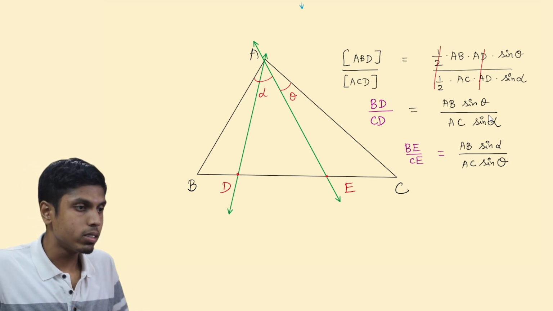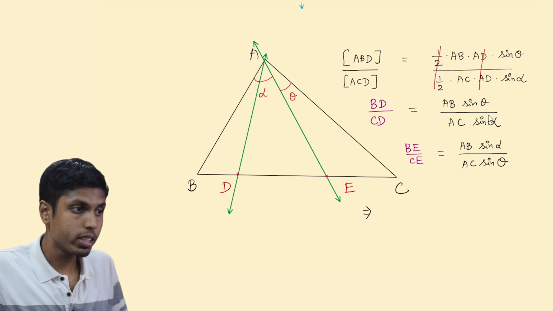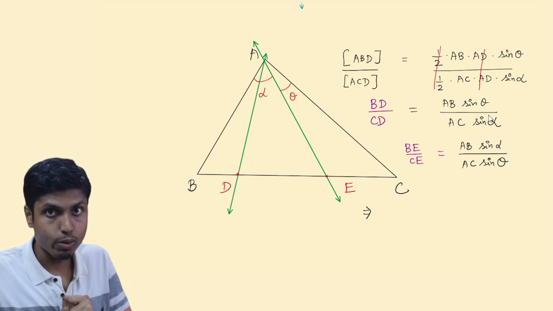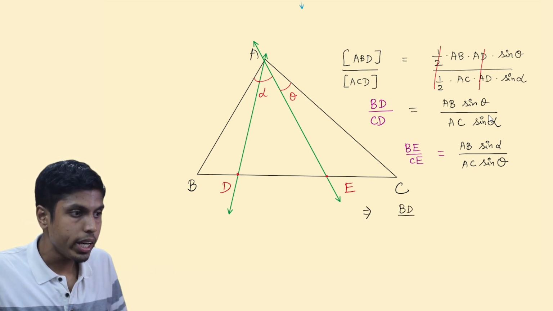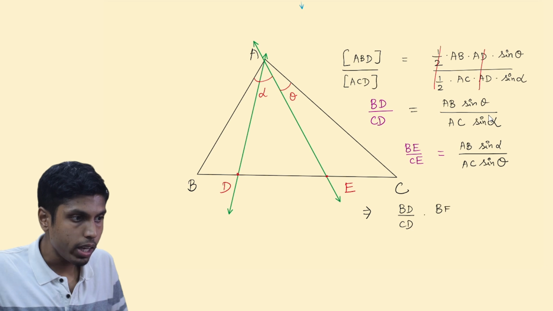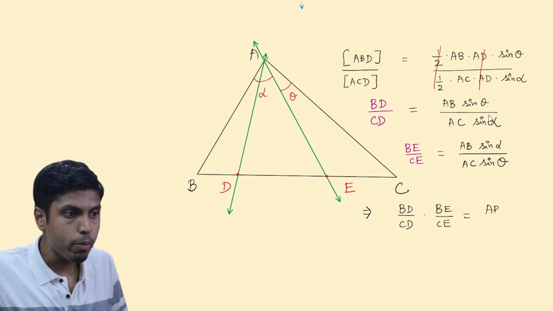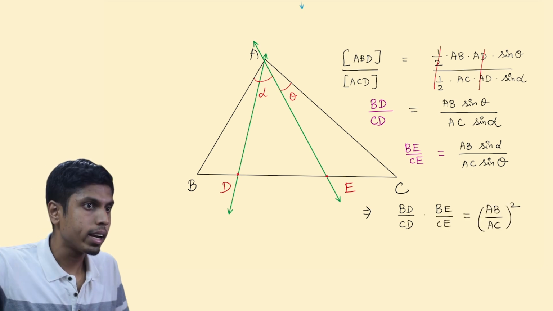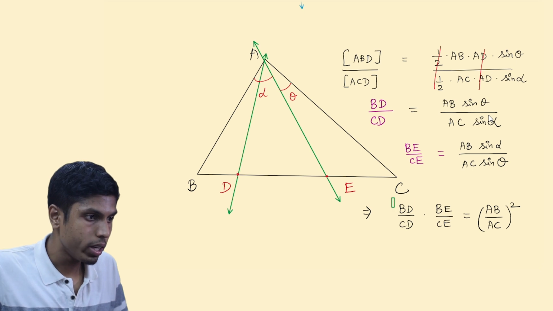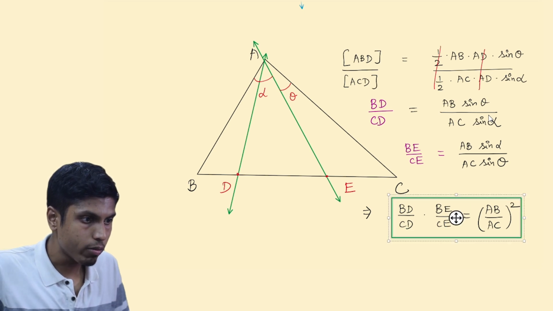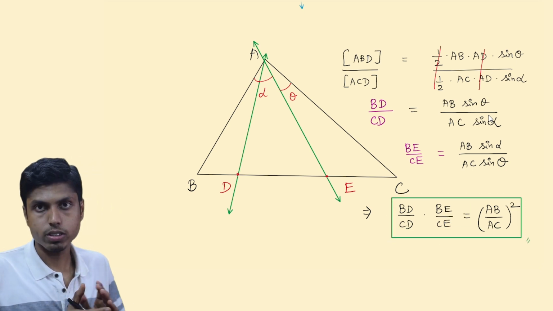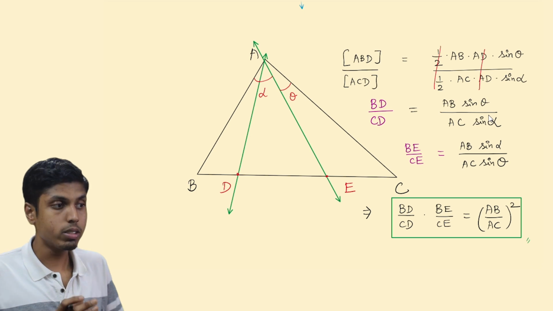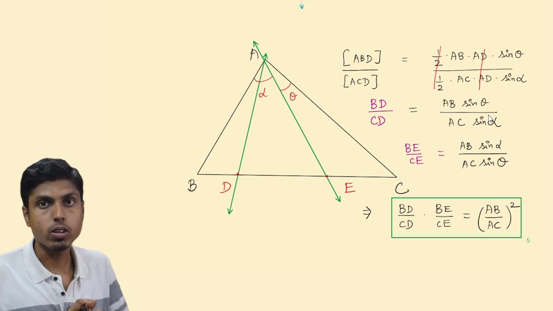So we need to get rid of them, and that's possible when you multiply these two equations. You would get BD upon CD times BE upon CE equals (AB by AC) the whole square. And this is going to be an important formula or derivation for isogonal lines. This will prove that those two lines are isogonal.